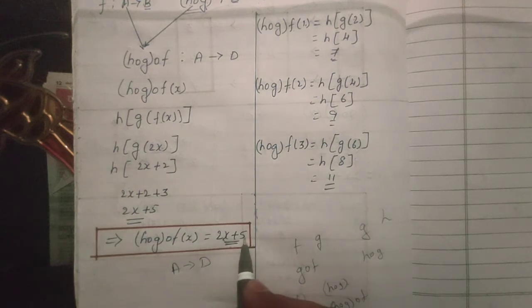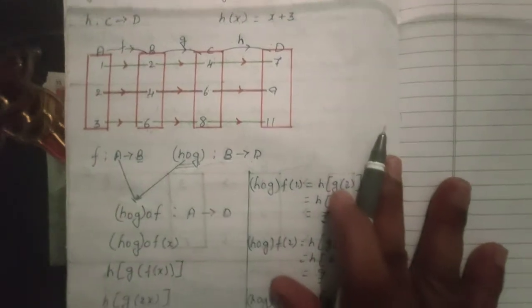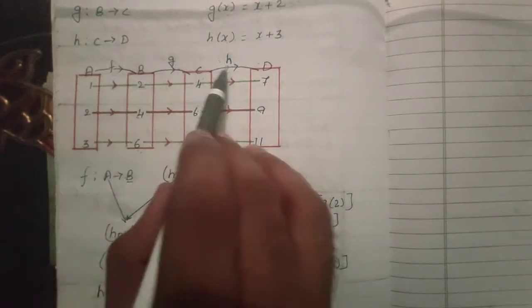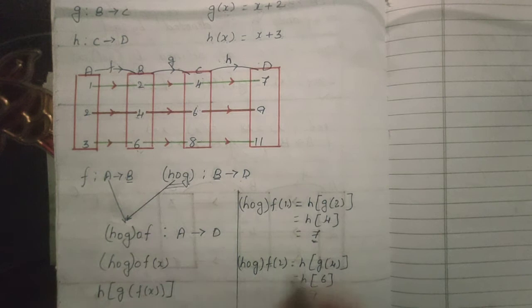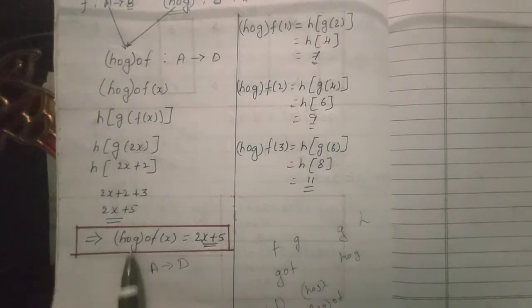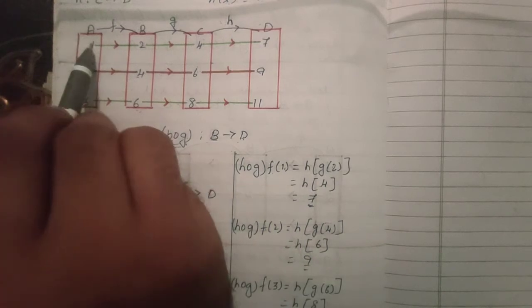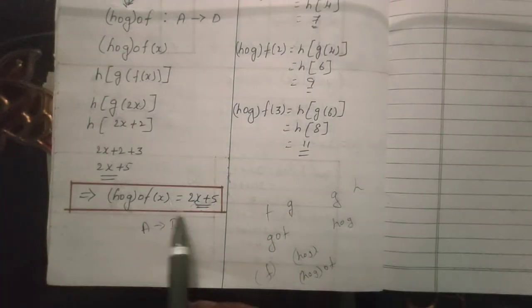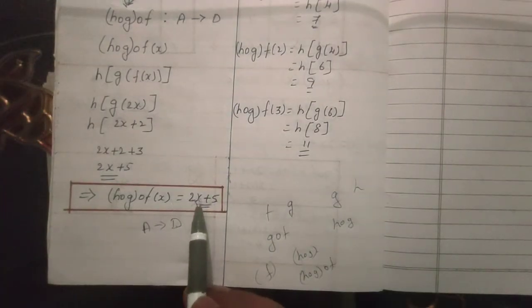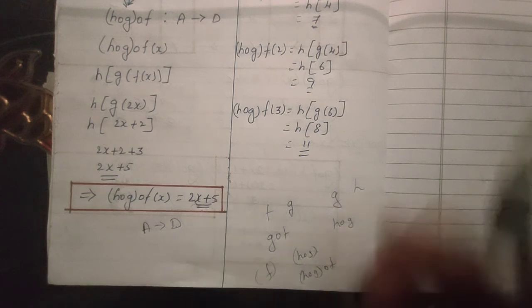My function is 2x plus 5. Yes or no? When I combine the f function with these two functions, I got h of g of f of x, that is 2x plus 5. This is from A to D. The first element of A is 1. If I substitute 1, 2 ones are 2, 2 plus 5, 7.